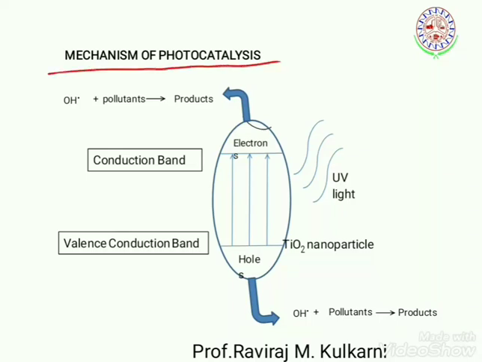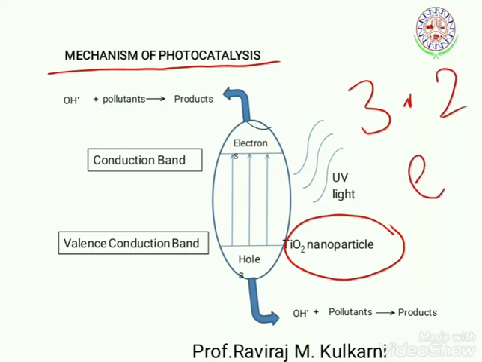Mechanism of photocatalysis. This is a TiO2 nanoparticle. It's a semiconductor nanoparticle. We know its band gap is 3.2 electron volt. When light of energy greater than 3.2 electron volt falls on this TiO2 semiconductor, what happens?